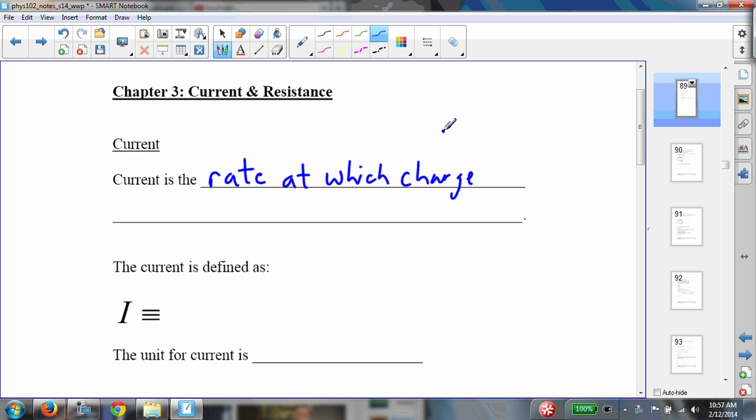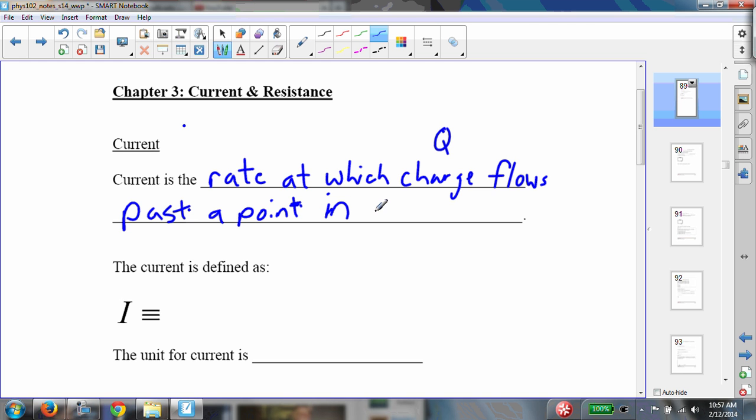Remember, charge is our Q. All right, so our current is defined as Q divided by time.